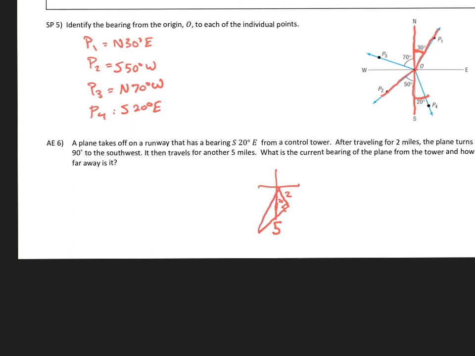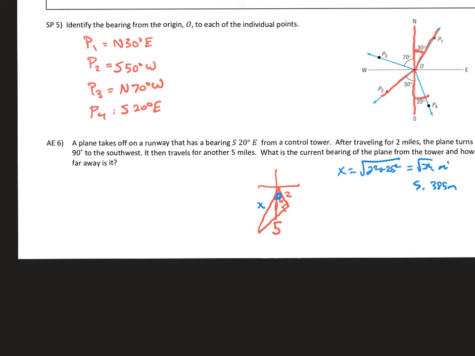Current bearing is going to be this angle right here. Let me do that one in blue. So that theta is going to be my bearing, and I want to know what x is. x is going to be the square root of 2 squared plus 5 squared, or the square root of 29 miles. That would be 5.385 miles.